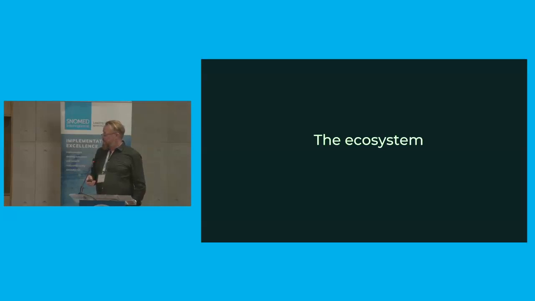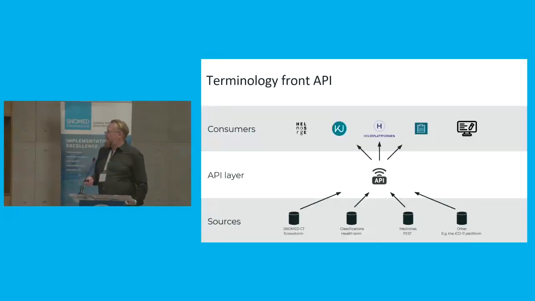Then I would like to talk a little bit more about the big picture, and this is the Norwegian ecosystem. It's about how we distribute the terminology to the end users. And in Norway, we don't expose Snowstorm directly to the end users. We could do it, but we don't.